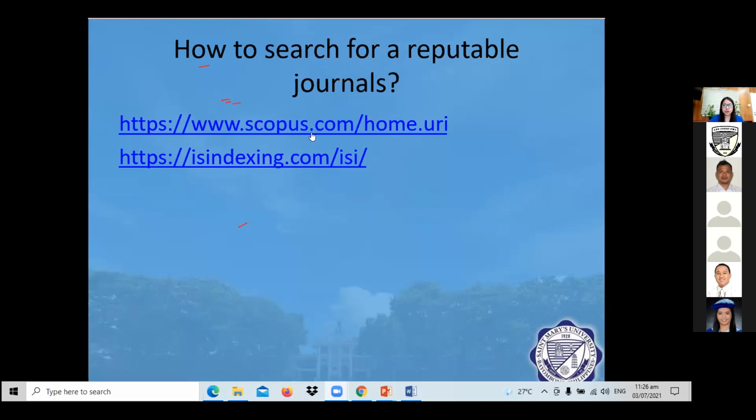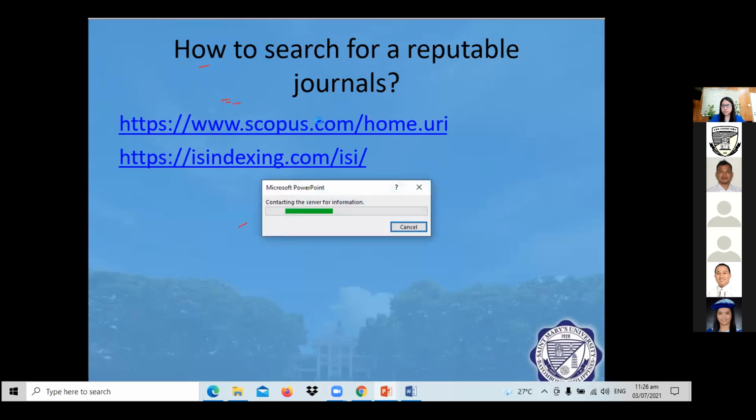So how do you search for a reputable journal? If you want to limit it to Scopus, ISI, and Clarivate, the indexing bodies with reputable journals, then you go directly to their website, and this is where you are going to search for journals.